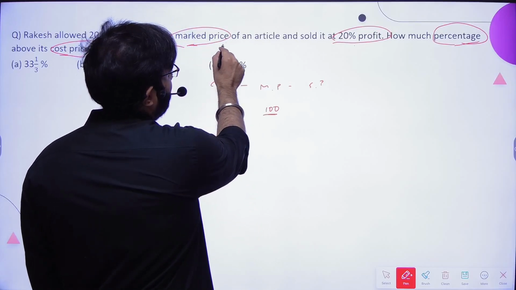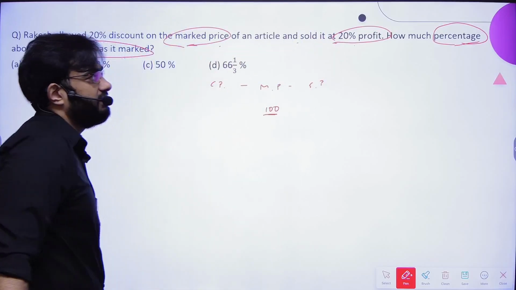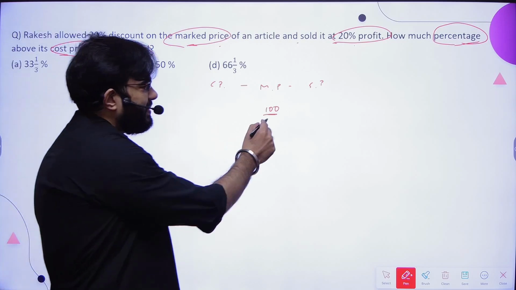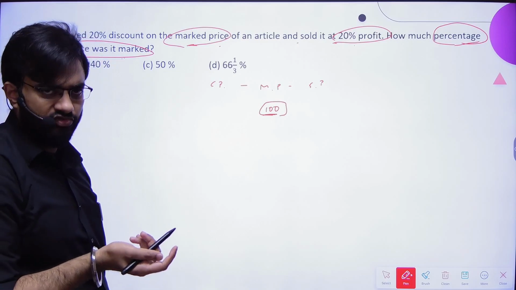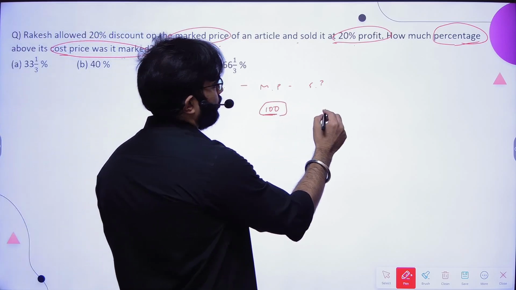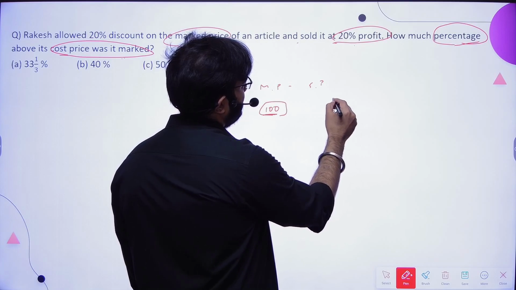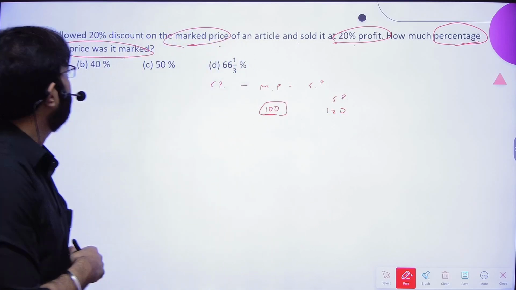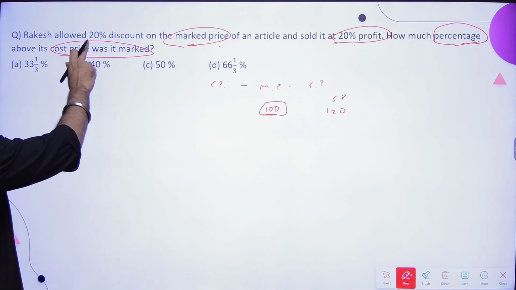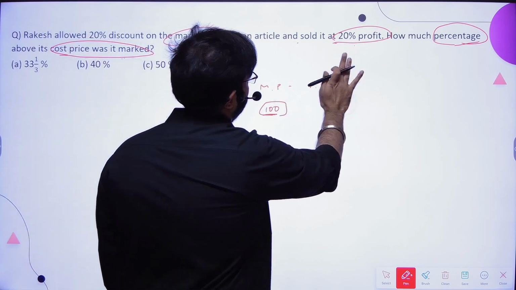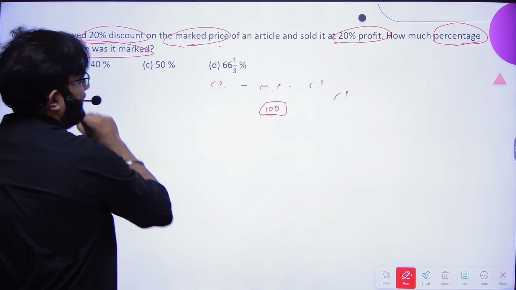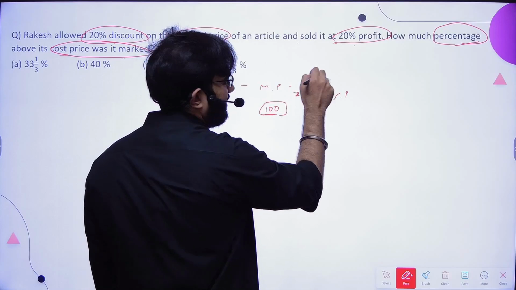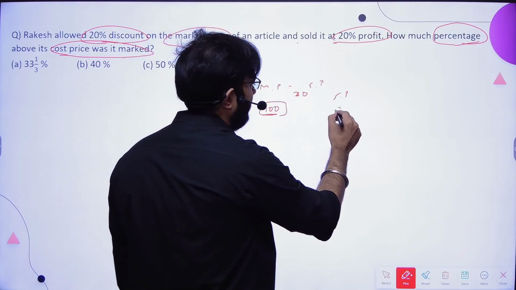So the marked price of an article is 100, which makes it easy. There is no use of fractions here. The discount will be calculated at 20%, so 100 minus 20% of 100 will be 80.